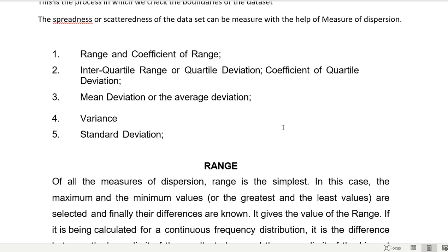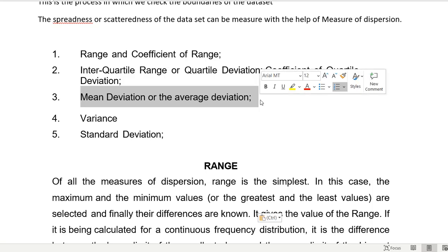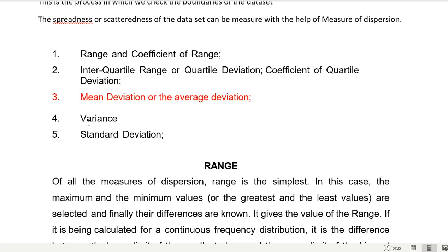So we have 5 different measures of dispersion: range, coefficient of range, interquartile range, or some people call it quartile deviation, its relative term the coefficient of quartile deviation, and mean deviation. This is quite a big topic, so we will not discuss it. But the last two are very important: variance and standard deviation. Both also have a relative term, which is known as the coefficient of variation.